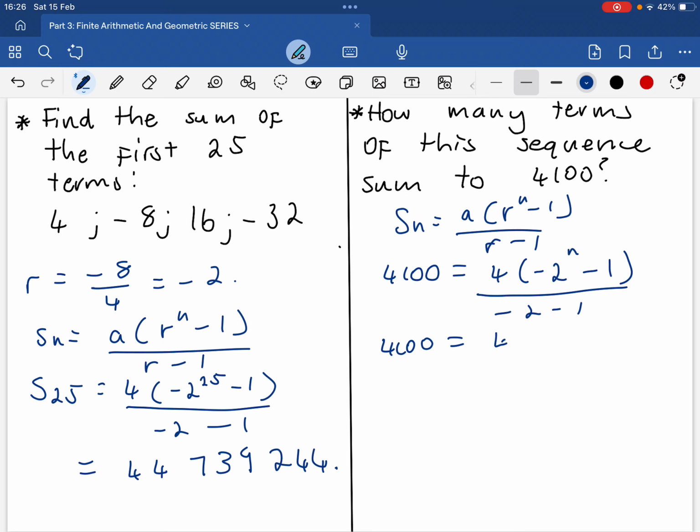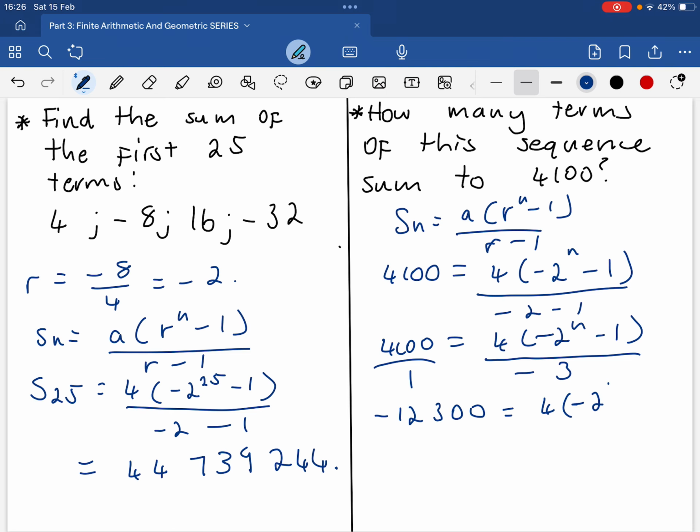So 4,100 is equal to 4 into -2 to the power of n minus 1, all divided by -3. We now have two fractions separated by an equal sign. Let's multiply that 4,100 with a -3. We get -12,300 is equal to 4 into -2 to the power of n minus 1.